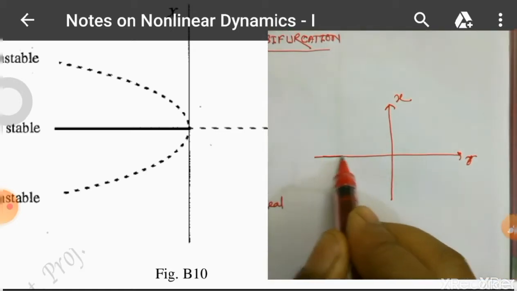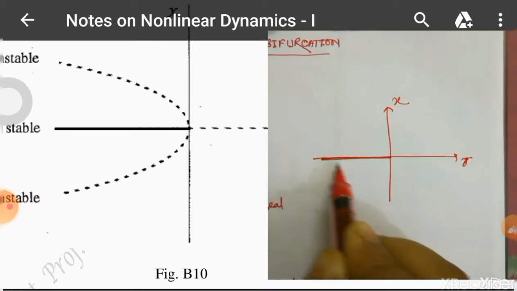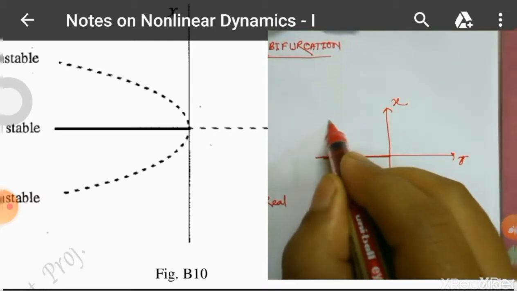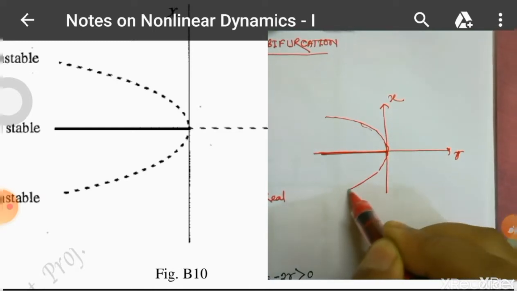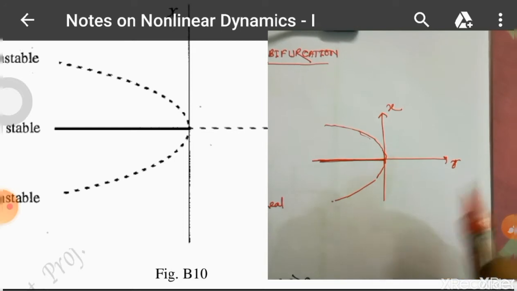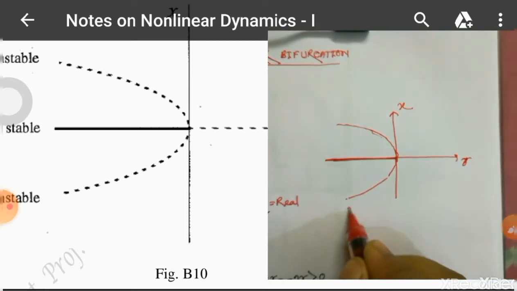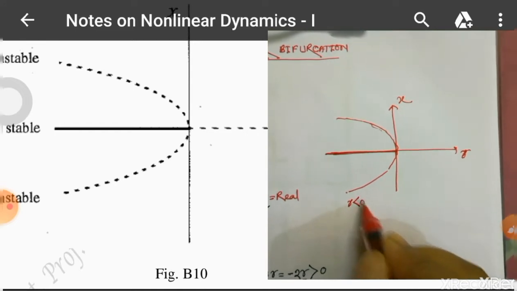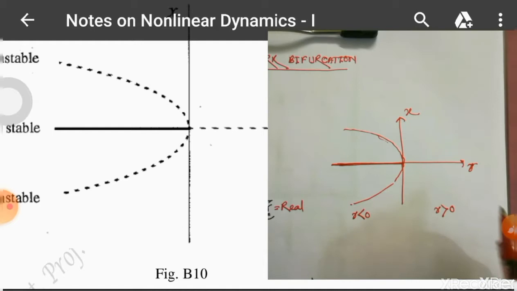So we have a curve like in this part. This is a solid line, and here these are the dashed lines. In this part r is less than 0, in this part r is greater than 0.